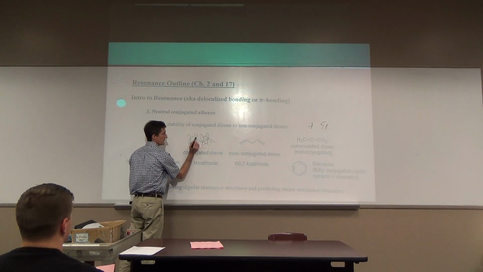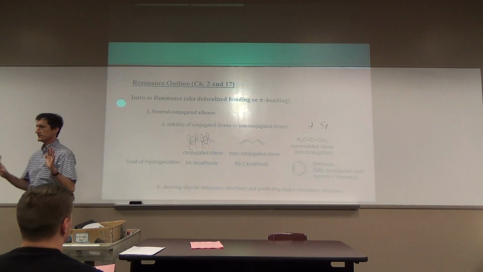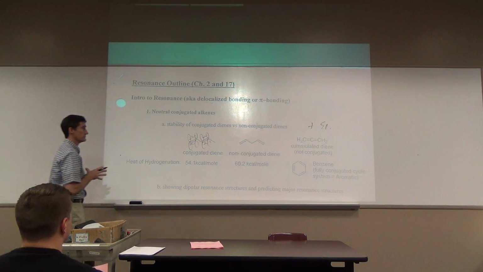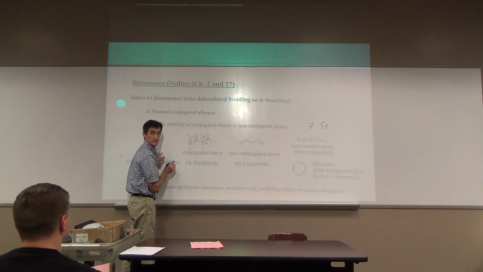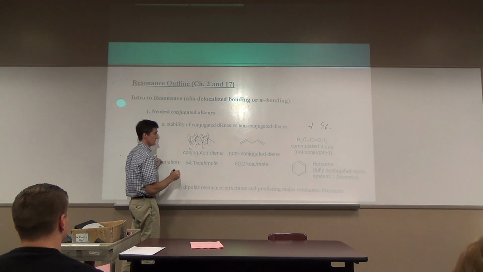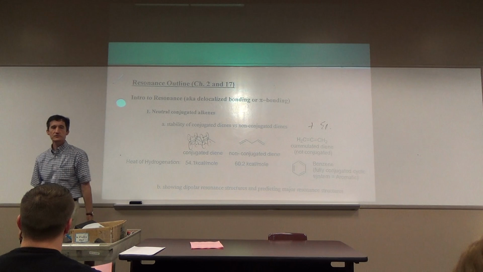But look, these 2 p orbitals are next door. Are they interacting or not? Are these 2 interacting? The answer is certainly yes, they are. That looks like a pi bond. Well, where's the pi bond at here? That's because we're not showing it.